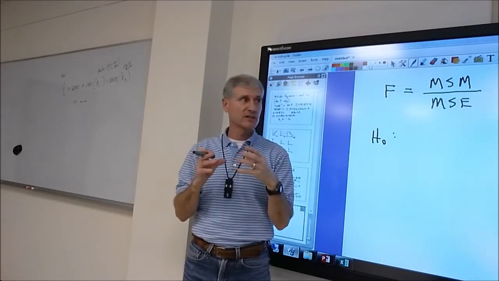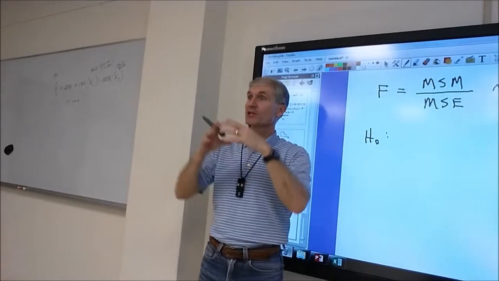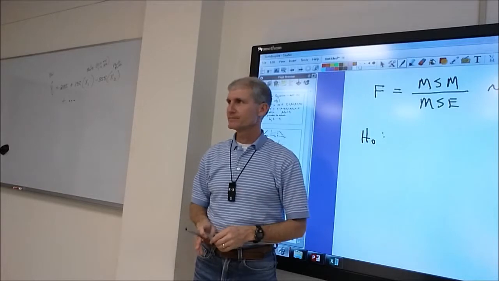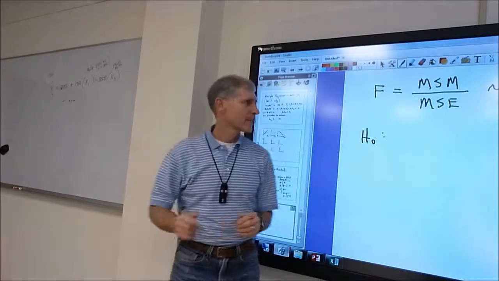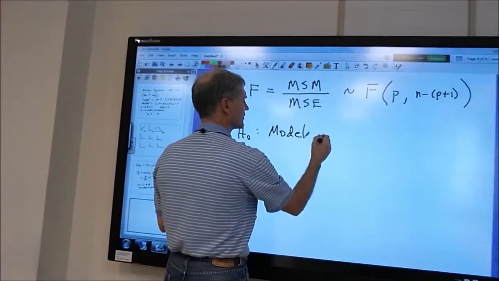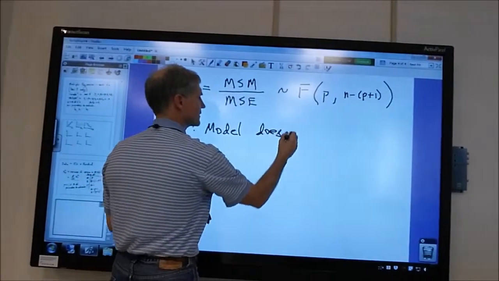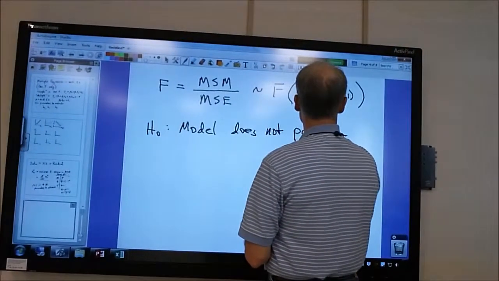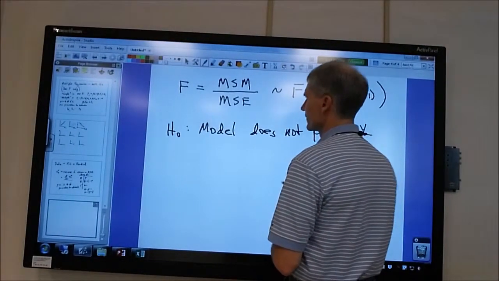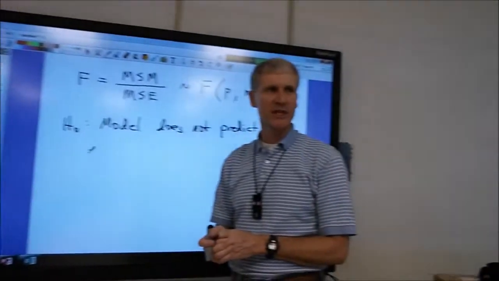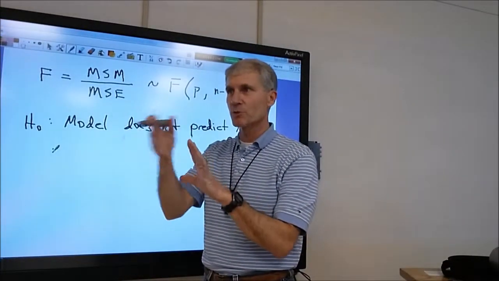Basically, in words, the null hypothesis is this model does not help predict Y. In symbols, what would that mean for each of those x variable coefficients, the slopes on all those x variables?